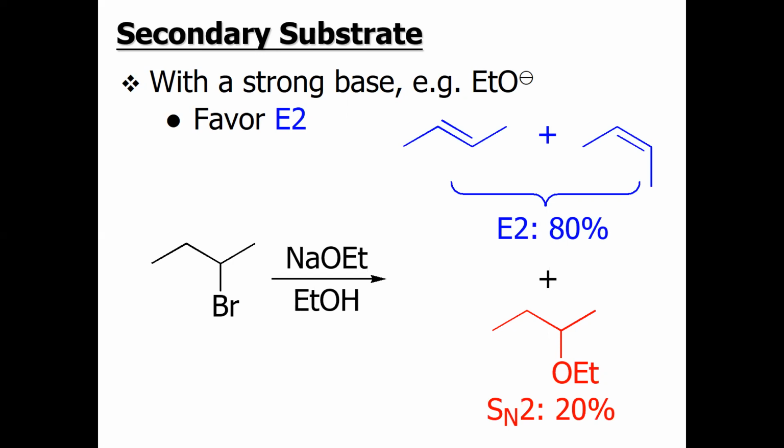In a primary alkyl halide with a strong base, we have the substituted product in high yield. While if you are using a secondary alkyl halide with a strong base, the major product is the elimination one, and the substituted product is in a smaller percentage, like 20%.